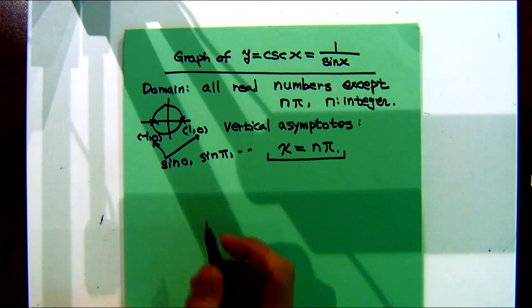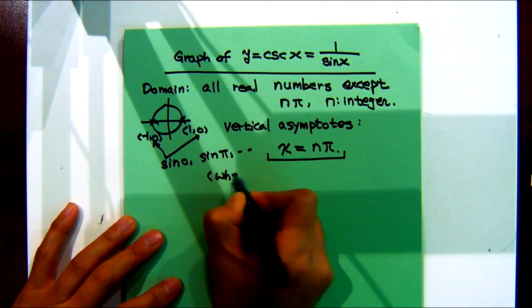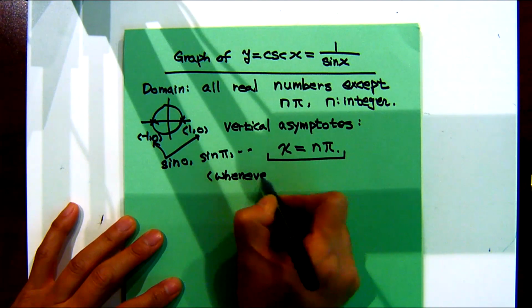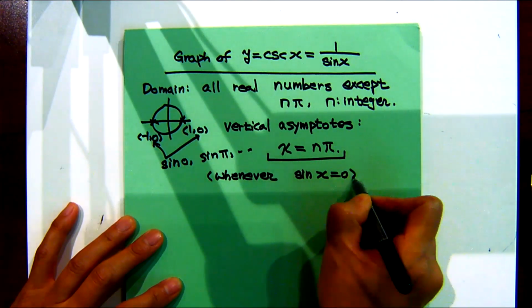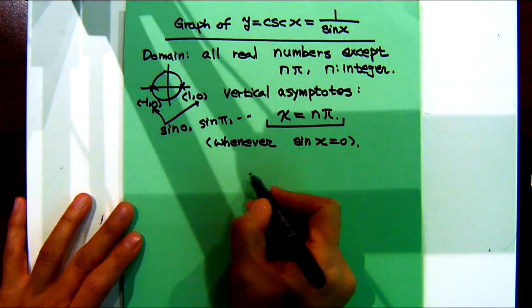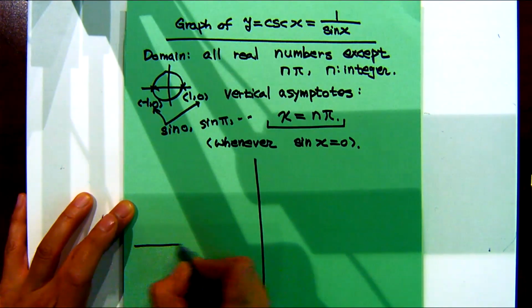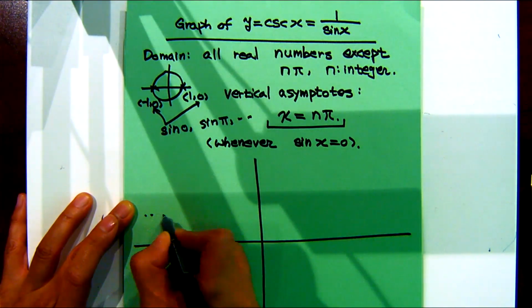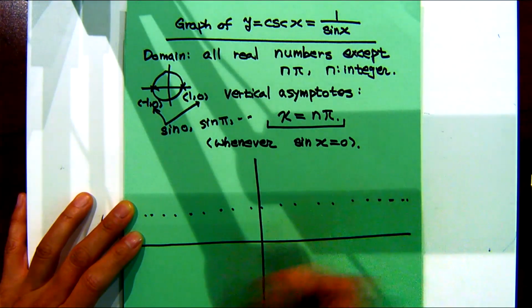So we will follow through it. Whenever sine of x equals 0, let's graph it. We graph a sine function first that is bounded between 1 and -1.